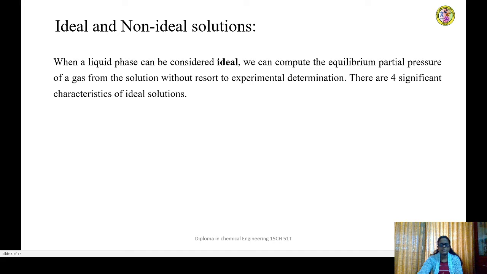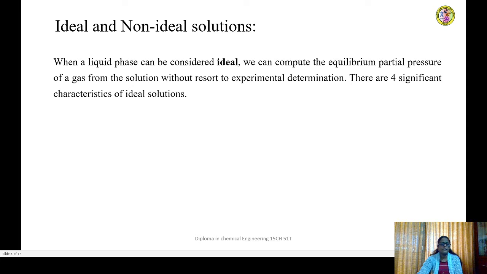Okay, let us now just understand what is the difference between an ideal and a non-ideal liquid solution. When you consider a given liquid phase to be an ideal one, then we can calculate the equilibrium partial pressure of the gas from a solution without resorting to any experimental determination.